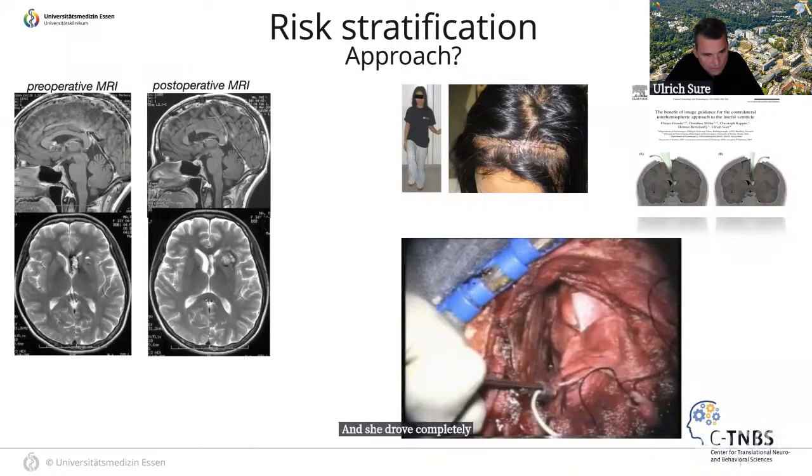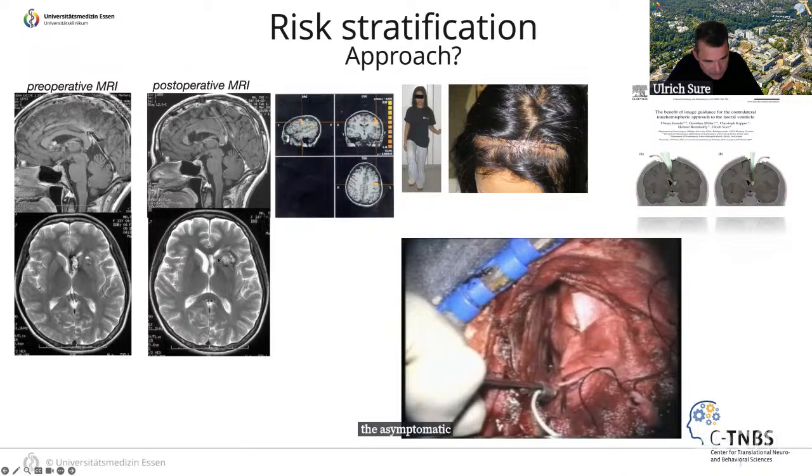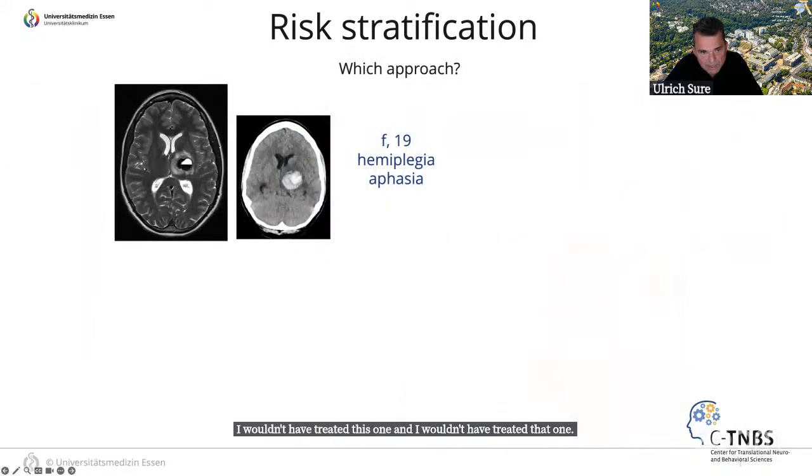So, this is now the left side, and she kind of forced me to also remove the asymptomatic one. This was asymptomatic. This was done on follow-up, and I removed it, and it went quite okay, as you can see here. But from my experience nowadays, I wouldn't have treated this one, and I wouldn't have treated that one. That is why I like to show the example.